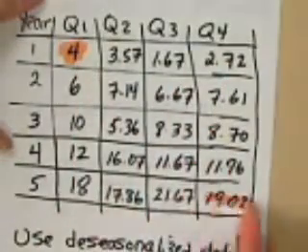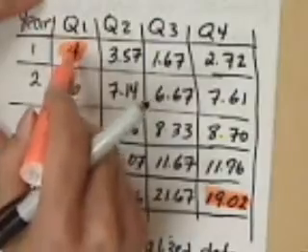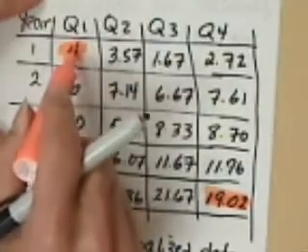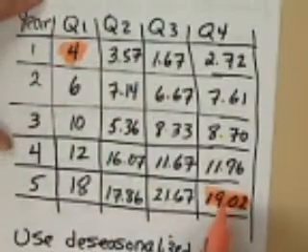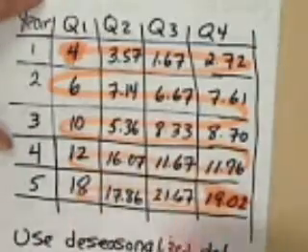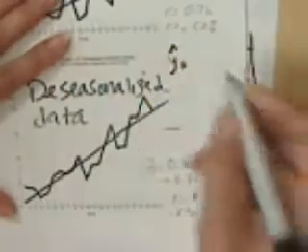So if you were to take this deseasonalized time series right here, starting at quarter 1 all the way to quarter 20, from 20 quarters ago to just 1 quarter ago, because this is all in chronological order, and plug it in POM/QM or in Excel to calculate a trend line, you will get this scatter diagram, this line graph, and you will get this information that I will show you.